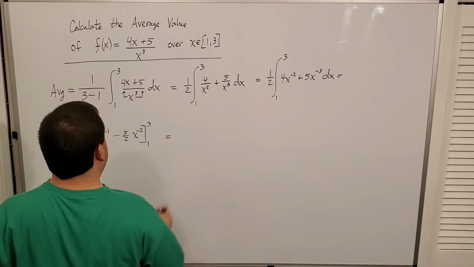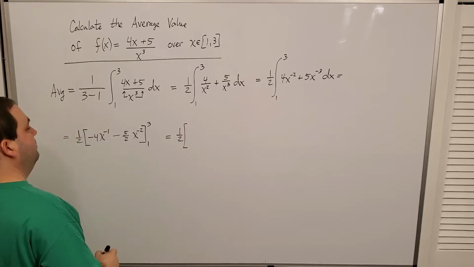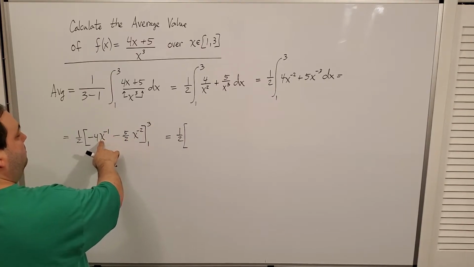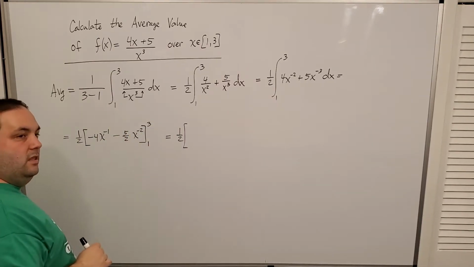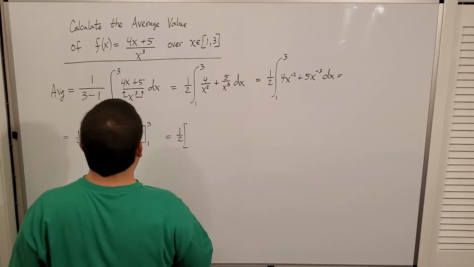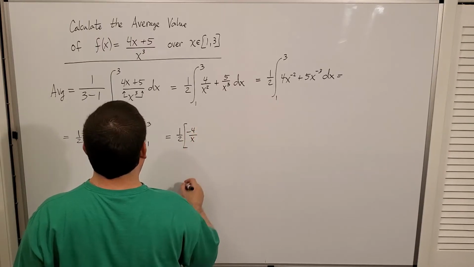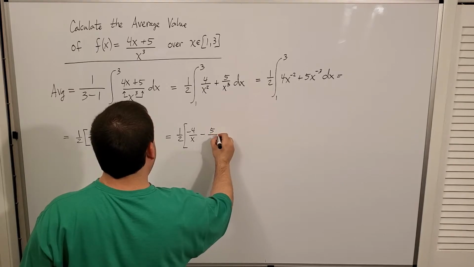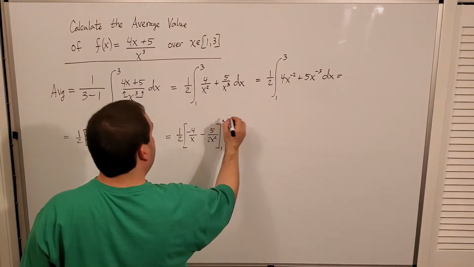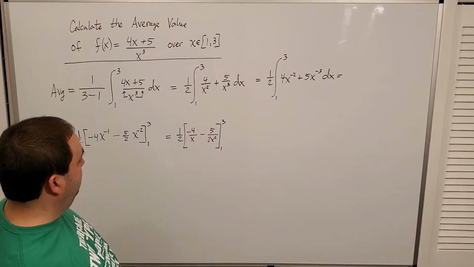So let's see. This is going to be equal to, I've got my 1/2 times the whole thing. Let's plug in 3, right? 3 to the negative 1 just puts 3 in the denominator. You know what? Let me write this out a little bit more. This is going to be negative 4 over x minus 5 over 2x squared from 1 to 3. Let me just rewrite it like that so it'll be more visually obvious what I'm doing here, right?